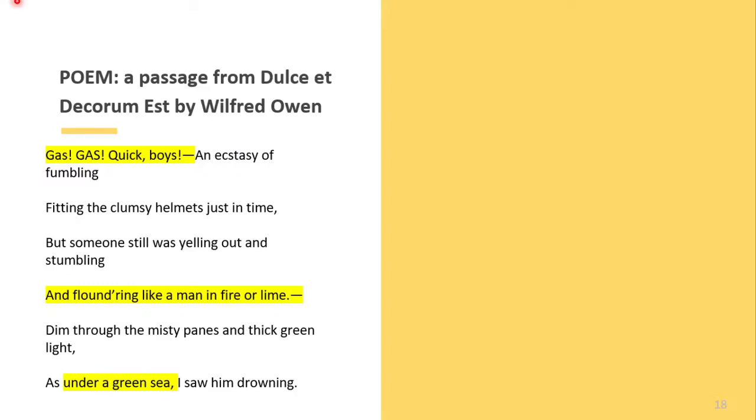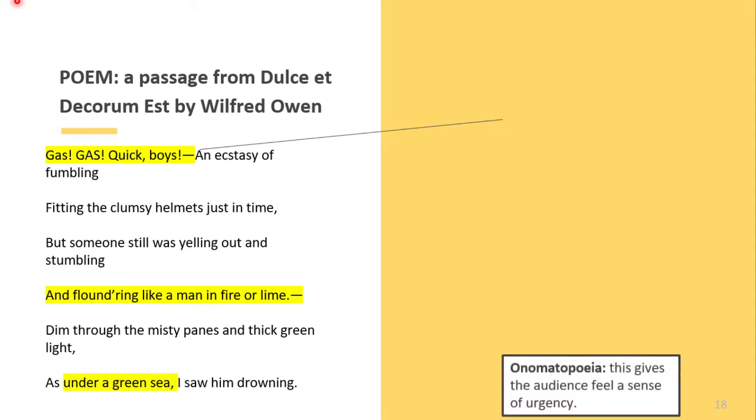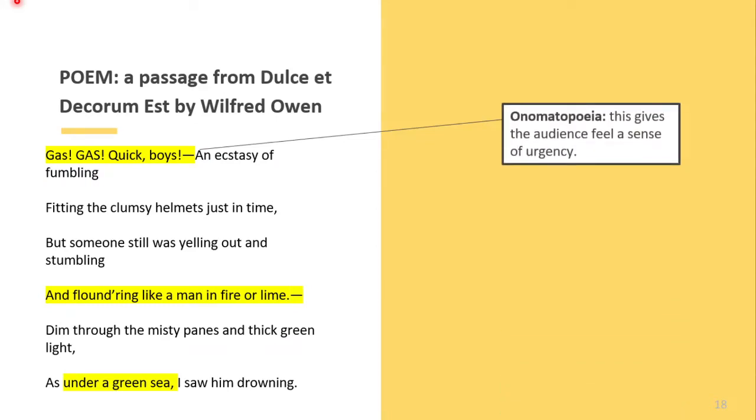Beautiful, beautiful, beautiful. I bloody love this poem. Alright, so let's go to the first highlight. Gas, gas, quick boys. This is onomatopoeia and gives the audience a sense of urgency.